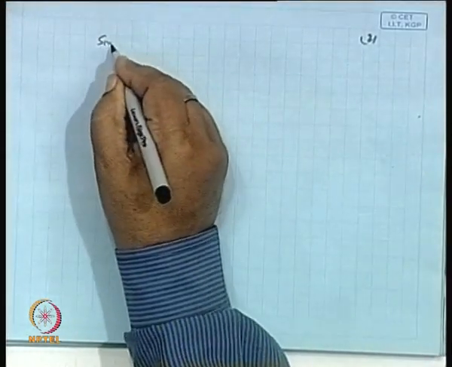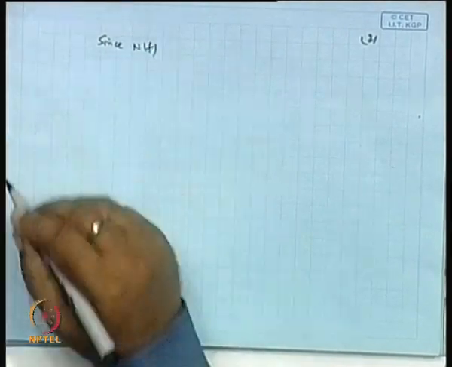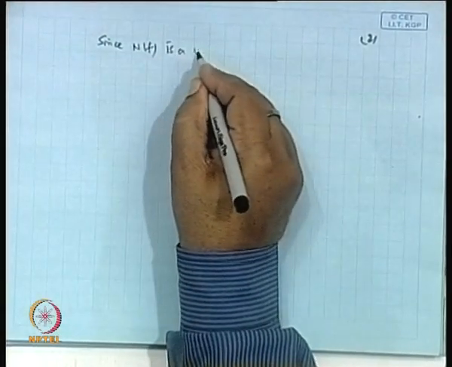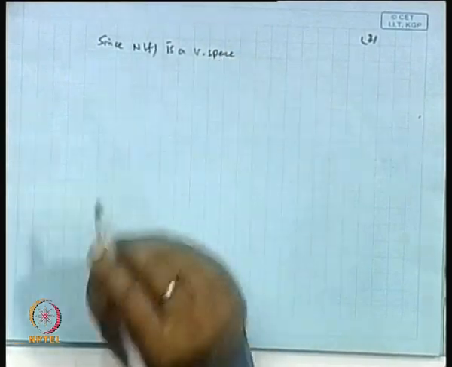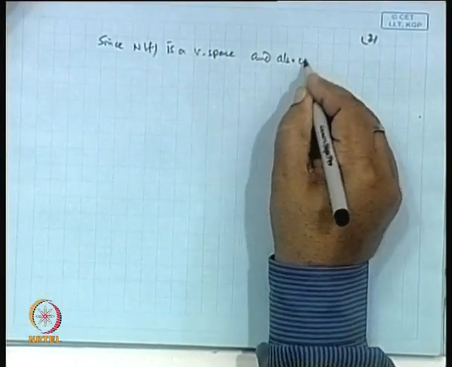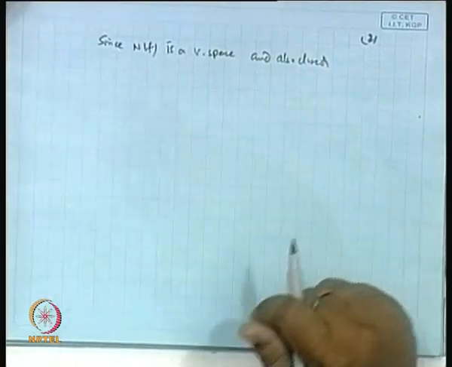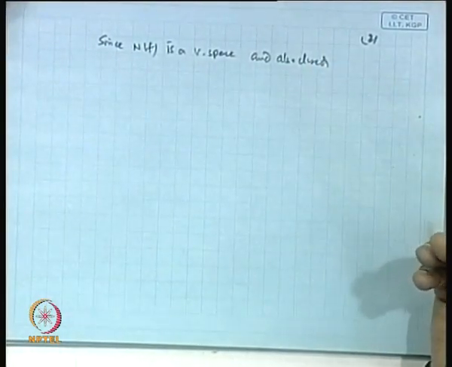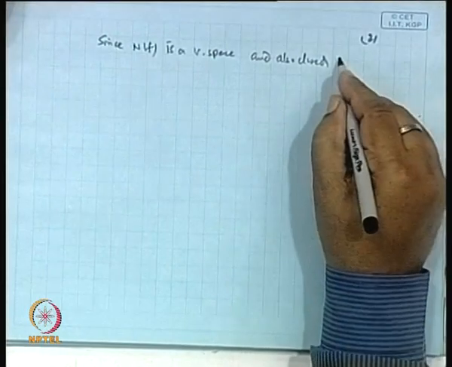Now, another point which we have: since N_f, which is a null space, is a vector space, is it not? And also closed. Closed, because closeness follows like this.